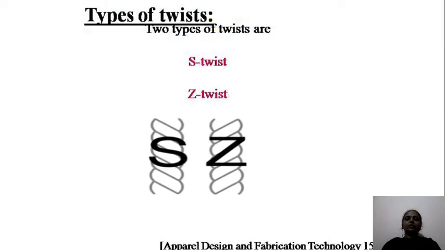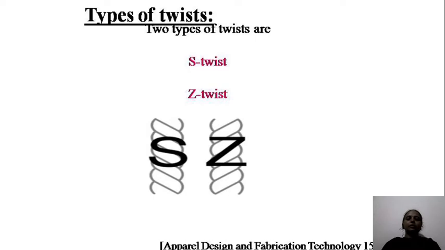Types of twist. How many types of twist are there? Two types of twist: S twist and Z twist. By holding the yarn in a vertical direction, you can identify the type of twist inserted in that yarn.